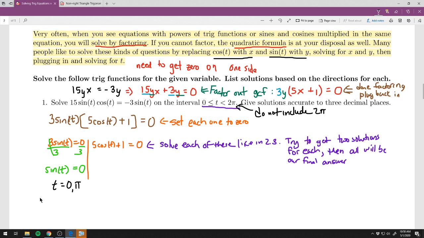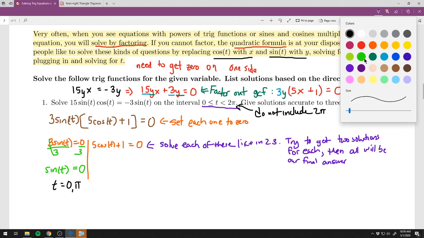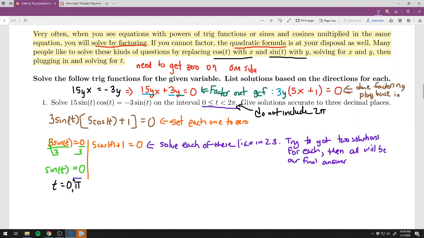But these you can get because sine of t is the y value on the unit circle, y is 0 on the x-axis. The two angles for that are 0 and pi. Now this is going to be 2 of our answers. You can leave them like this. You can write them as decimals. It doesn't matter. If you can give exact solutions, you can just leave them exact. If you want to type in pi and get a decimal, you can, but it's probably just best to leave it like this.